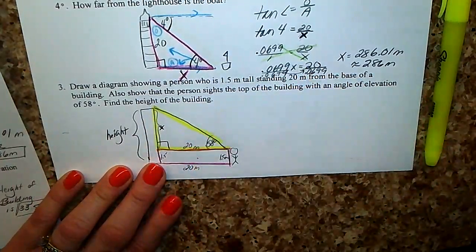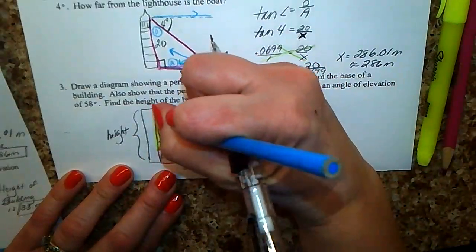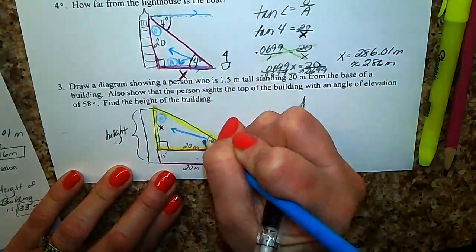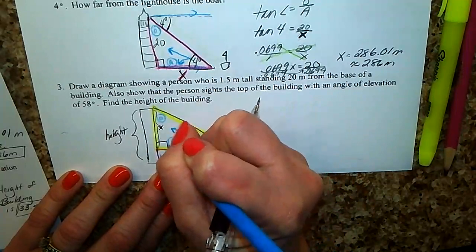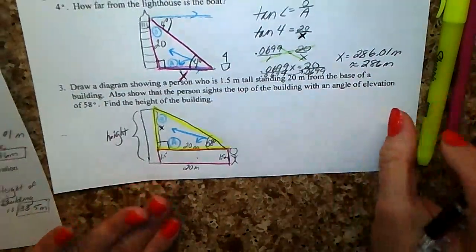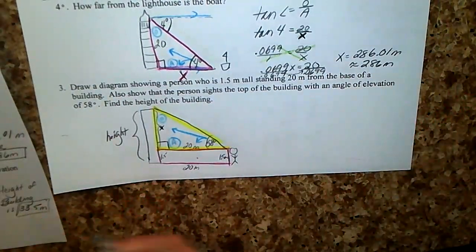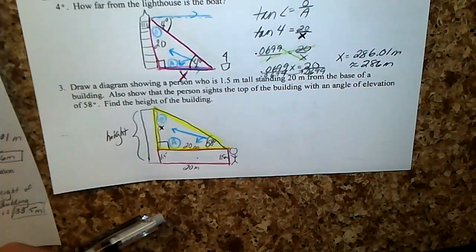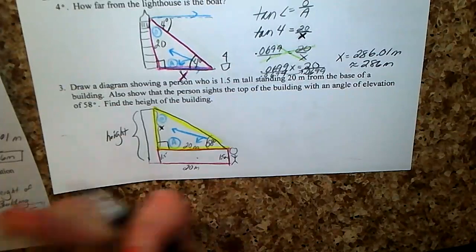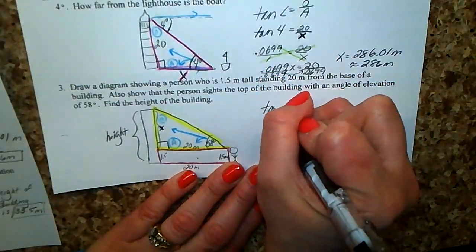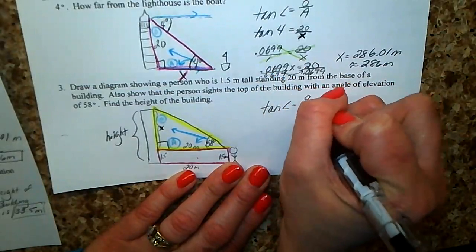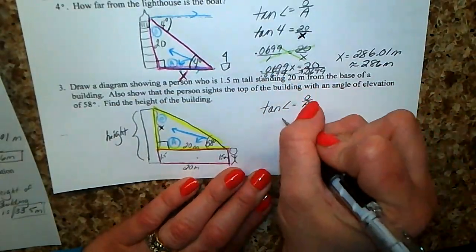From the 58-degree angle there, we have an opposite, and we have an adjacent. Oh, once again, another tangent. Guys, just keep in mind, angles of elevation and depression can be used with any of our trigonometric ratios, sine, cosine, or tangent. It just so happens that these three problems were all tangent. So the tangent of the angle is opposite over the adjacent.